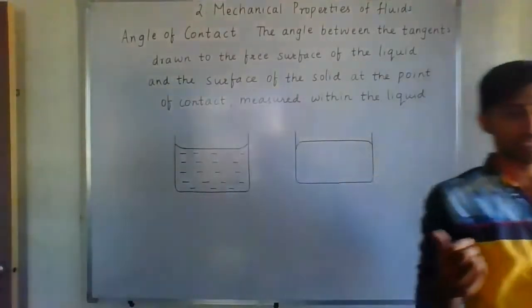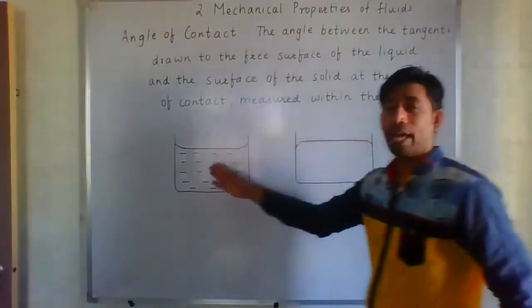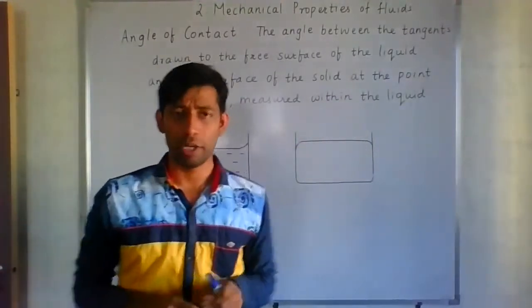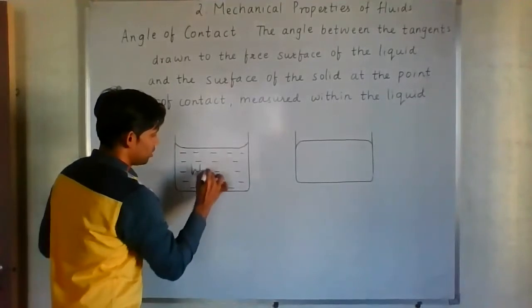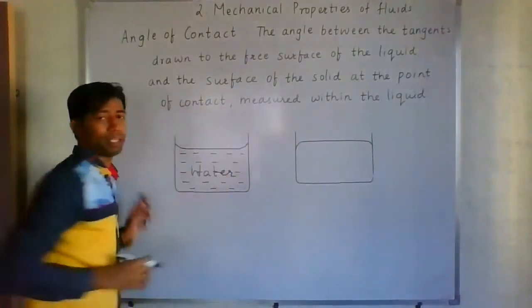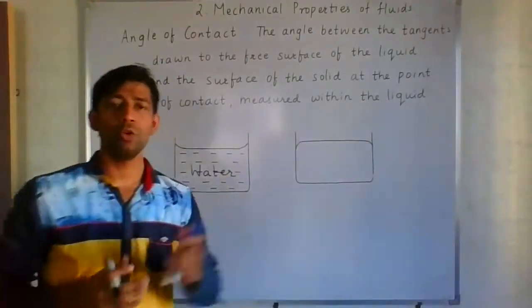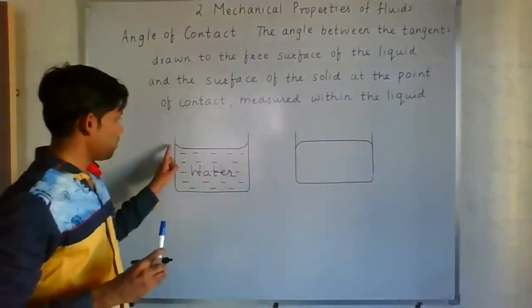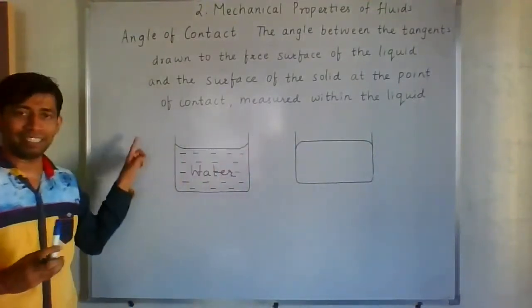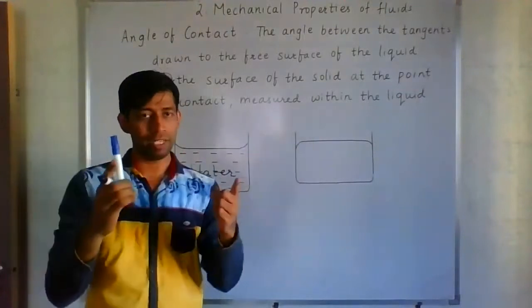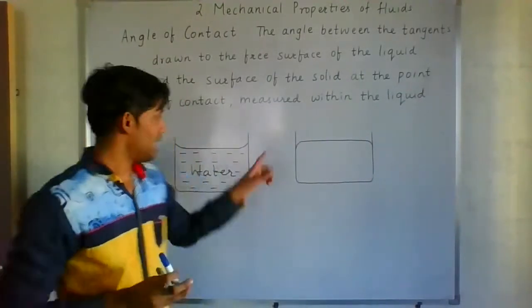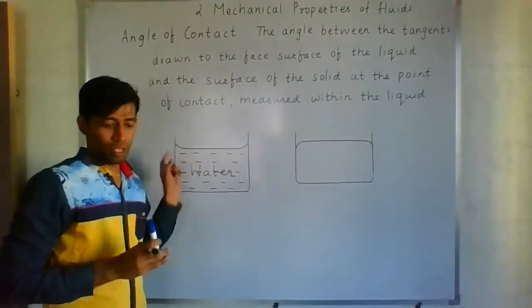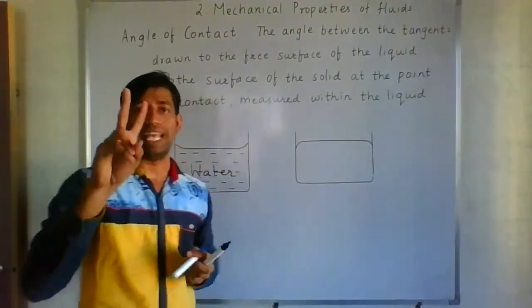So let me first explain you with the help of water. In this vessel, we have liquid water. You know, for water, the shape of the meniscus will be like this. It will be rising upward because of strong adhesive forces at the end. Now, I'll draw those two lines.